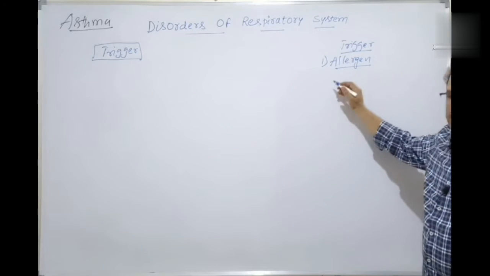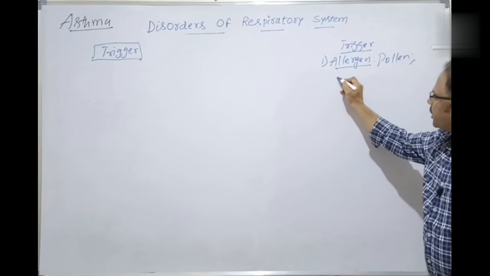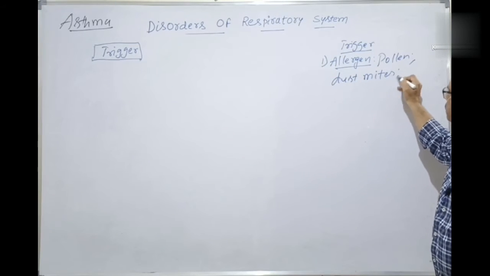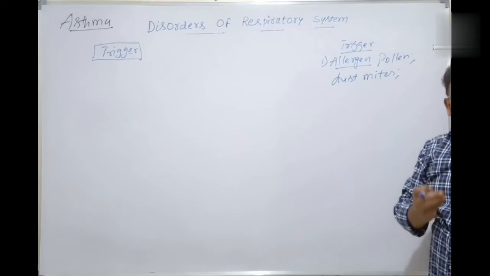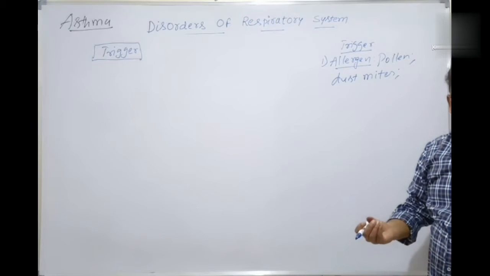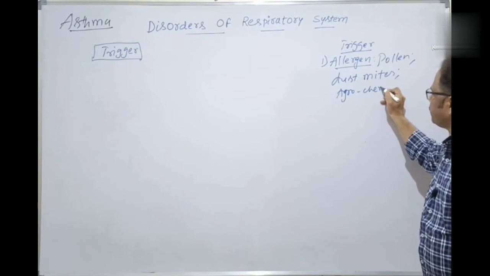What is an allergen example? It can be pollen, it can be dust mites, dust particles. It can be in the form of agricultural particles like seeds, pesticides, insecticides, fertilizers, etc. So agrochemicals, it can be.